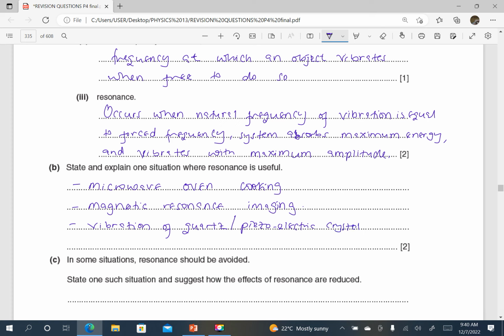This is normally for accurate timing or to maximize production of ultrasound waves.